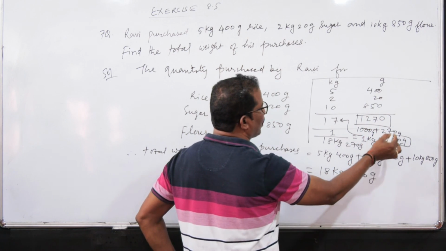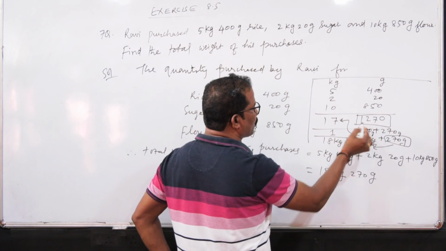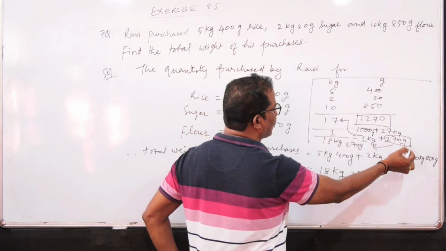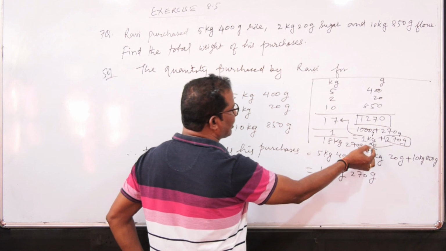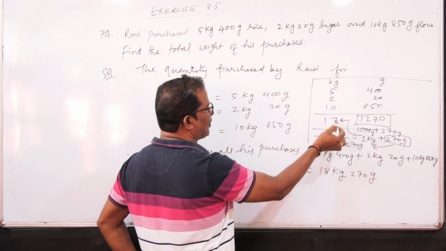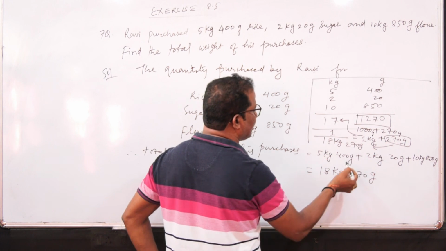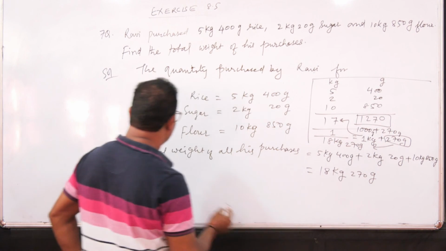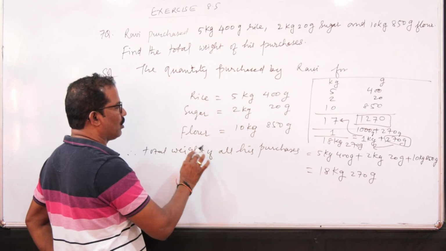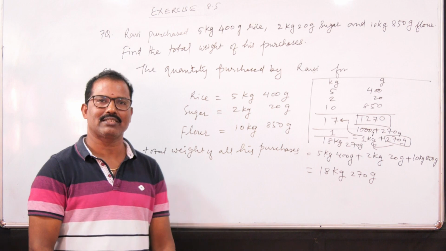And for this 1000 grams we write 1 kg, and 270 grams it is 270 grams only. And this 1 kg we added to the 17 kg we already got. So 17 plus 1 is 18 kg and 270 grams. So altogether the total weight of all his purchases, that is rice, sugar and flour, is 18 kg 270 grams. Understand all of you?